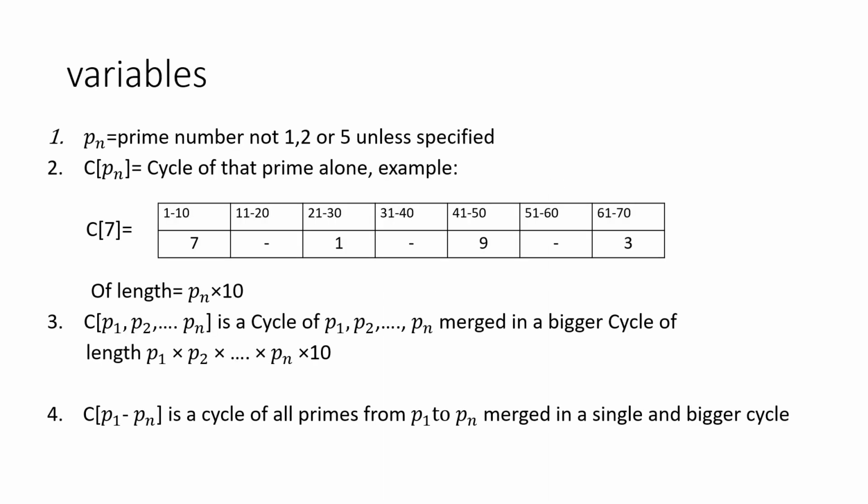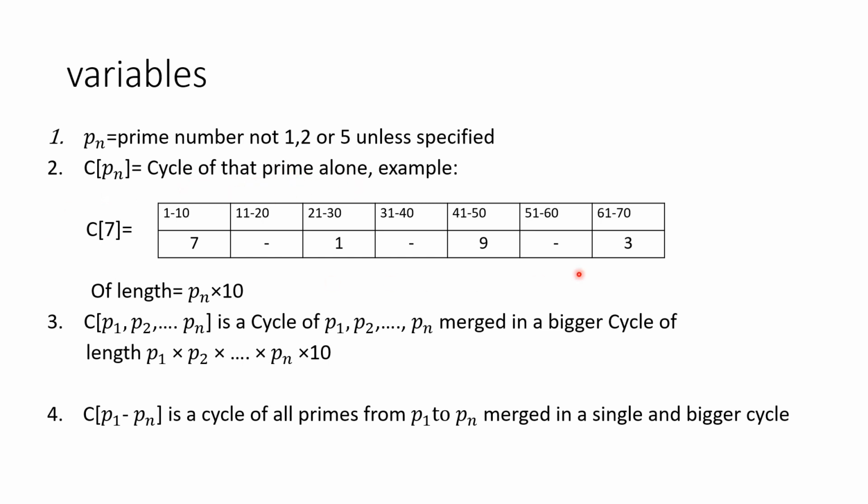First of all, I have new variables and names, so you can familiarize with them. Pn is a prime number, not 1 to 5 or 5 unless specified. This is the cycle of prime n, the cycle of that prime alone.